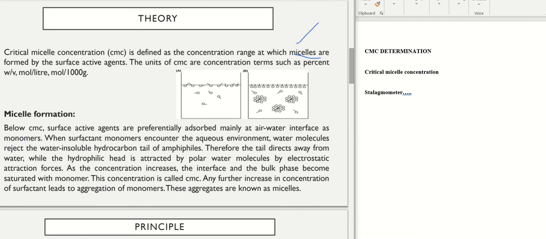Now when we see this figure, these are the surfactant molecules at certain concentration. When we keep on adding surfactant molecules, they'll form micelles. The principle of adding surfactant molecule to a solution is to decrease the surface tension and to improve the solubility of particles in a system.